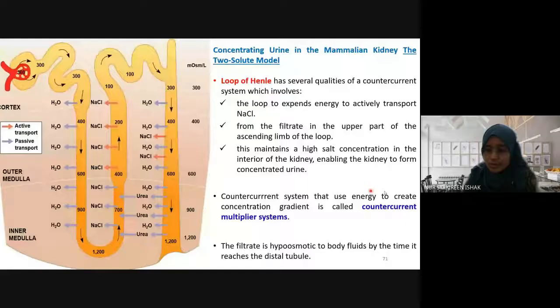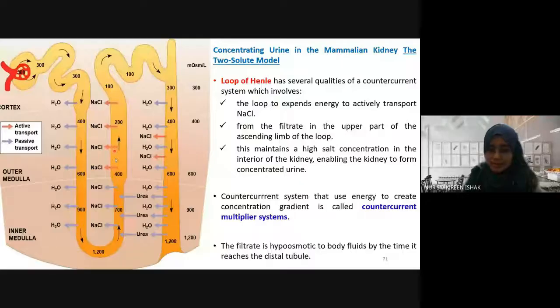So that's why kita panggil sistem ni sebagai countercurrent multiplier system. Because it uses energy. The process expends energy to make sure that more sodium chloride moves out into the interstitial fluid from the filtrate. Okay, so that's why we call it the countercurrent multiplier system. It uses energy to move sodium chloride from the filtrate into the interstitial fluid.